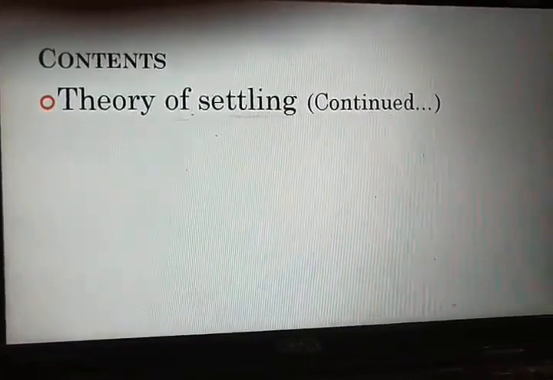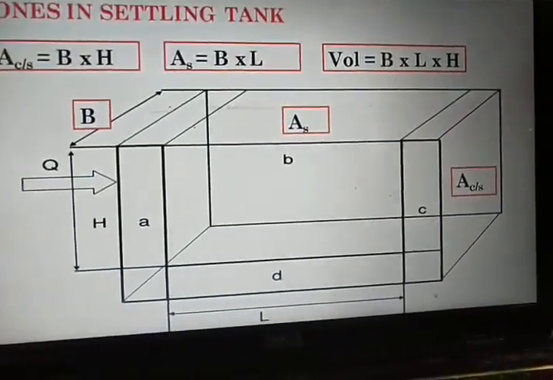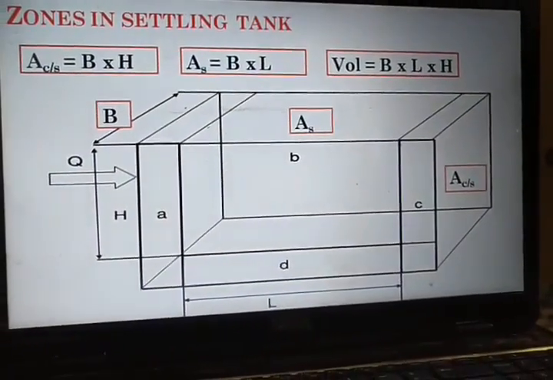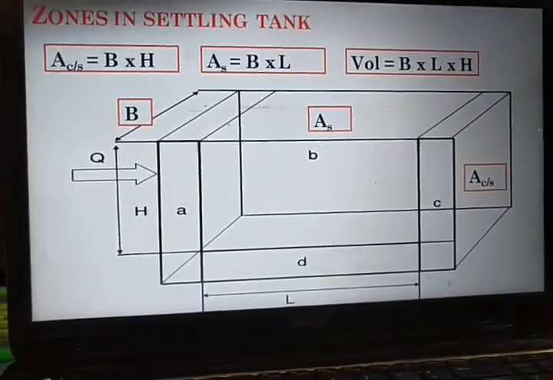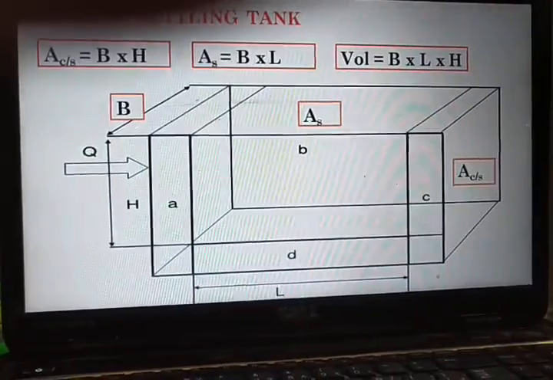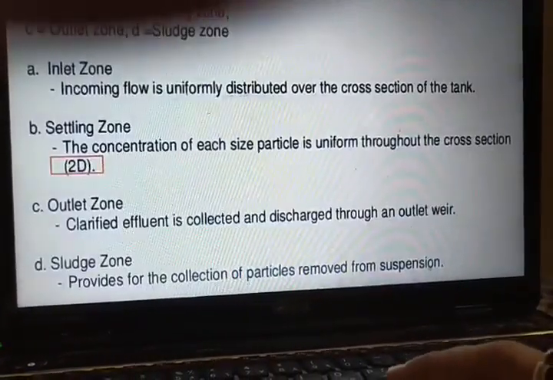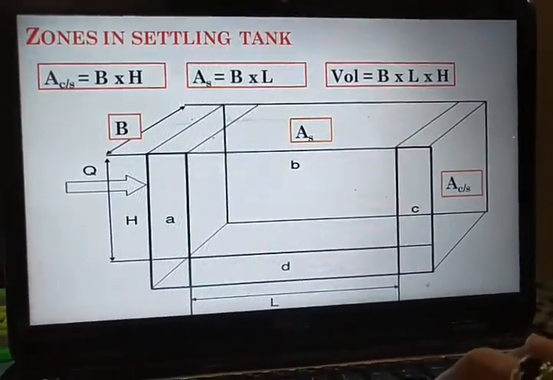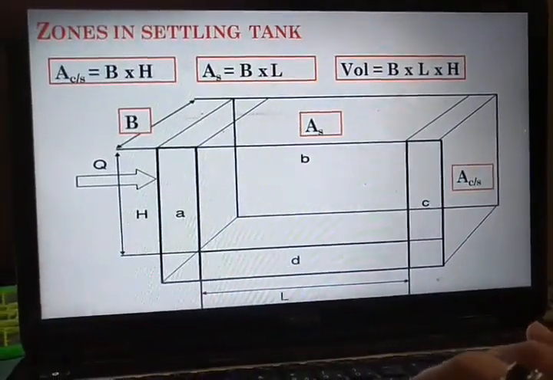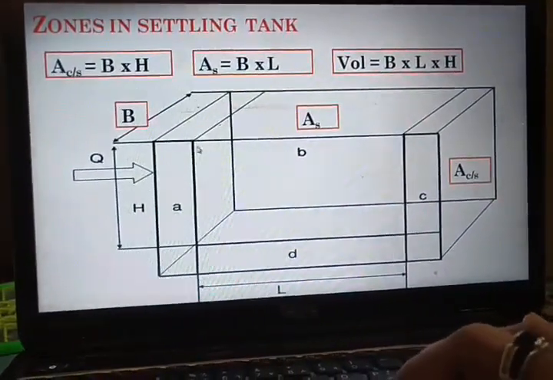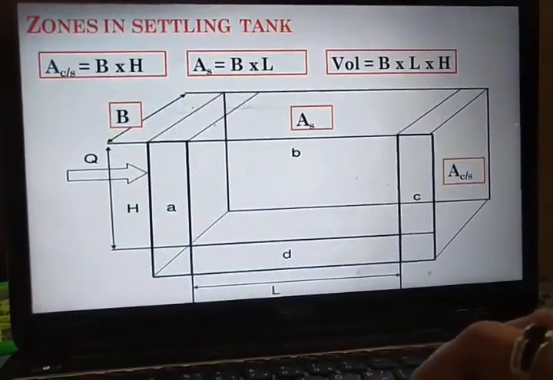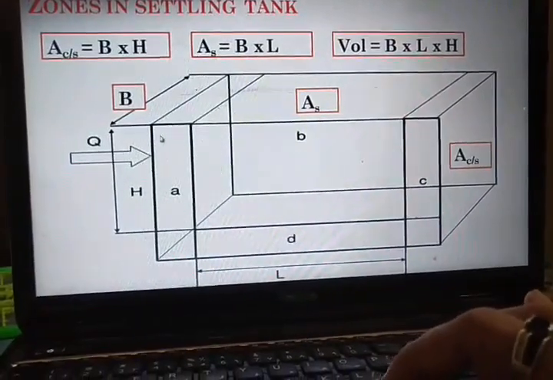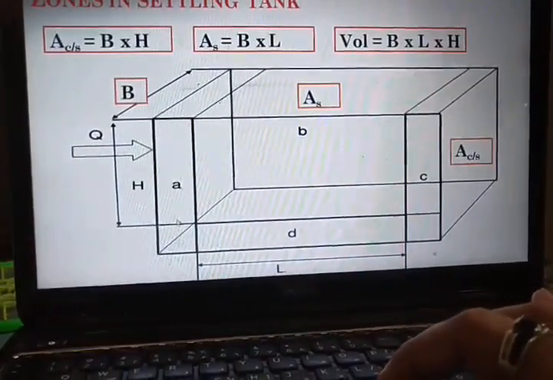So this is a sedimentation tank representing the different cross sections of a tank. Here you can see the tank and its dimensions. B is the breadth of the tank, L is the length of the tank, and H is the height or depth of the tank.